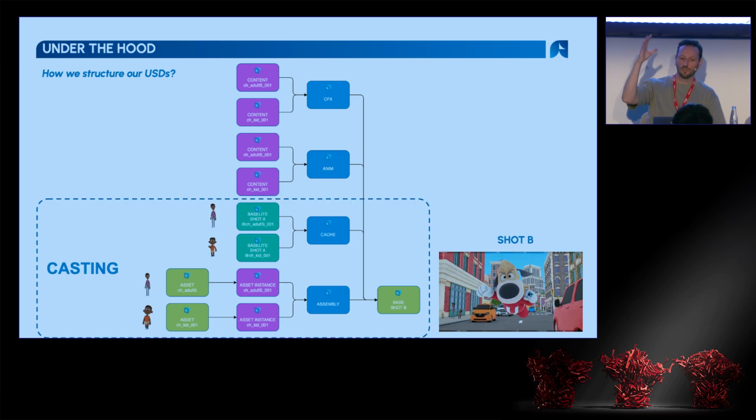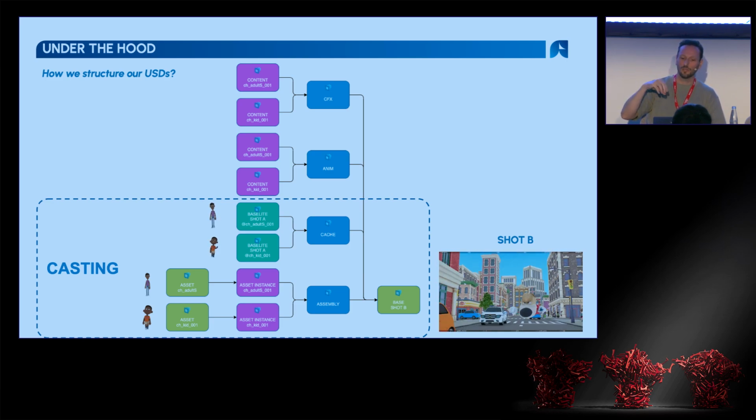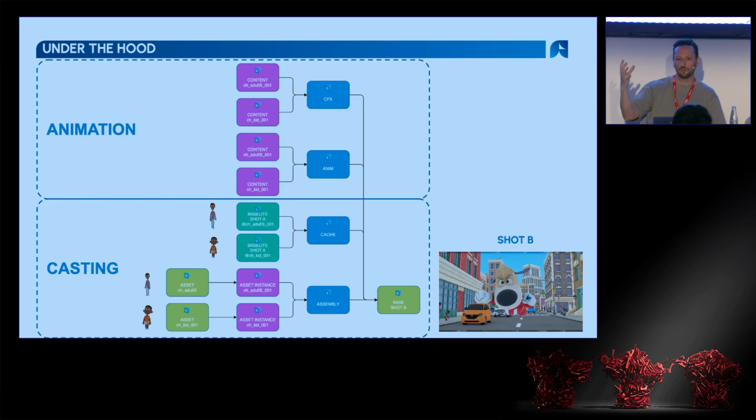So we can say the lower part is dedicated to the casting. We say, I want this one, and I want this animation, and on top is a classic animation for a shot.